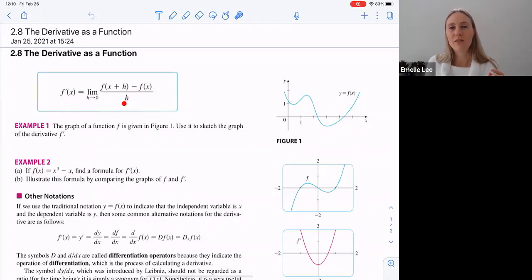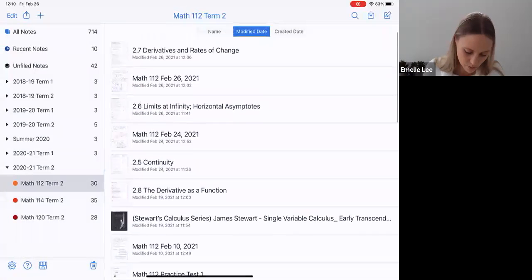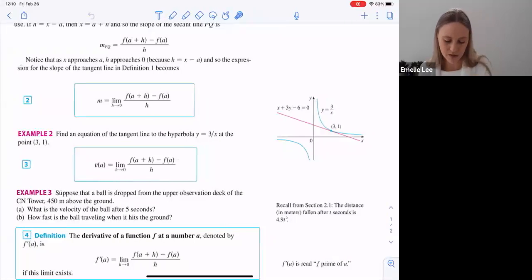In 2.7, we're looking at a specific point a, and in 2.8, we're saying we could plug in any value of x that we wanted to, and then we just do the whole thing over again. So I'm parking lotting 2.8 for next day, but just so you see that there's really nothing crazy happening between 2.7 and 2.8.